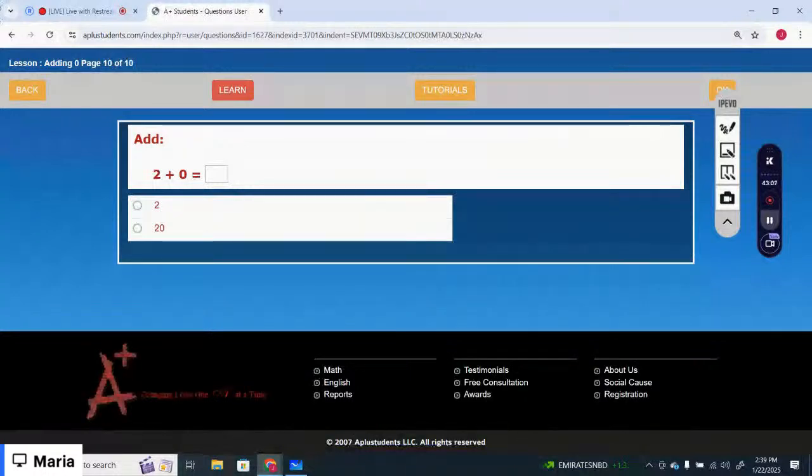Two plus 0 makes 2. Option number 1 is the correct option.